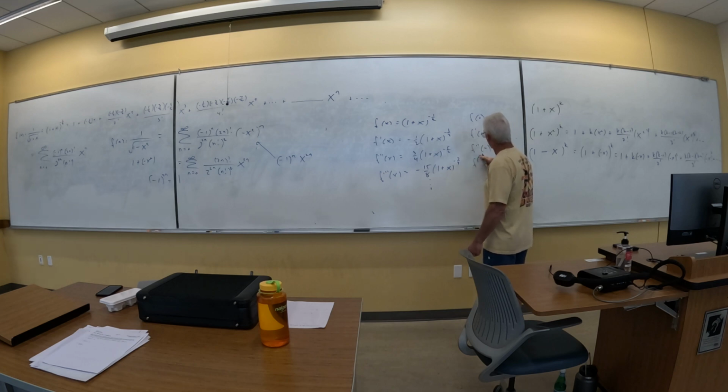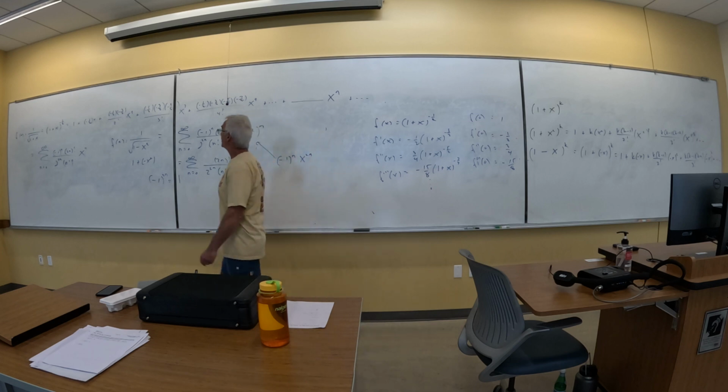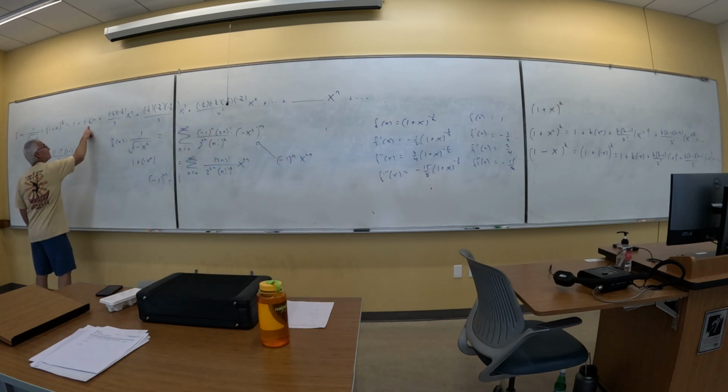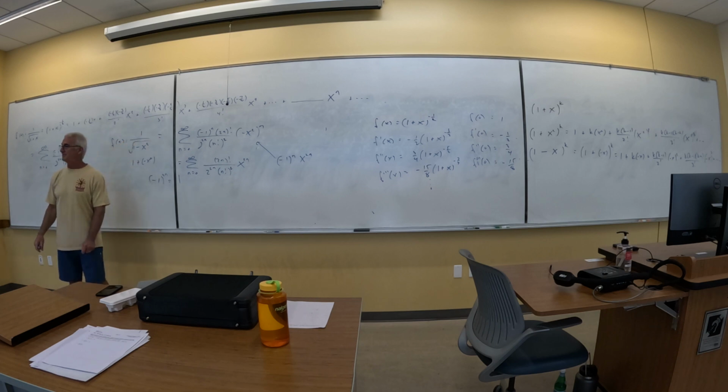What's f triple prime of 0? Well, that would be 1, negative 1/2, 3/4, negative 15 over 8. All those are true. You see those numbers up there, don't you?